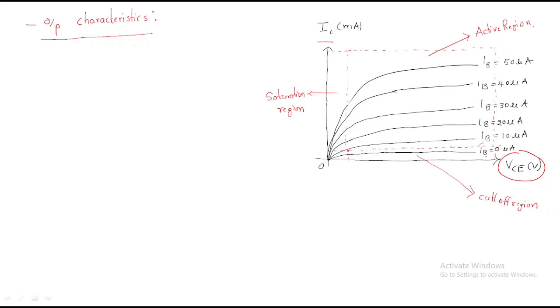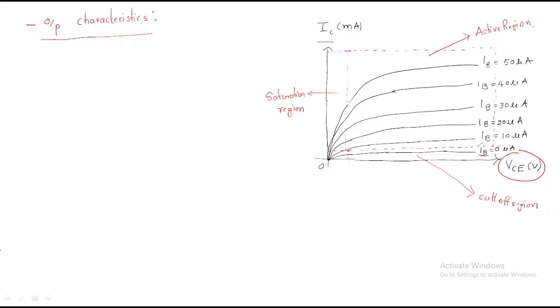Initially, if you take the input current as 0, the curve between output voltage and output current follows like this. If the base current increases to 10 microamperes, this curve slightly increases, and by increasing the base current further, the curve increases like this.